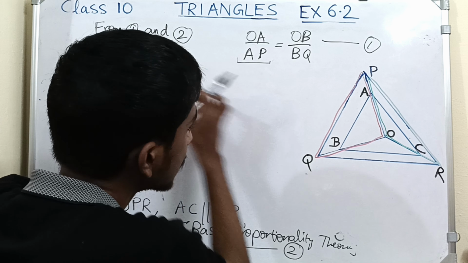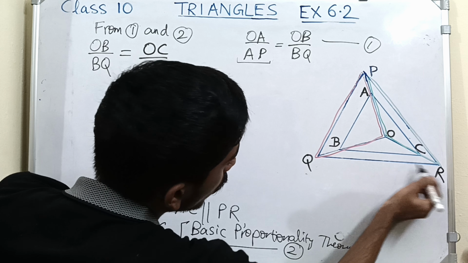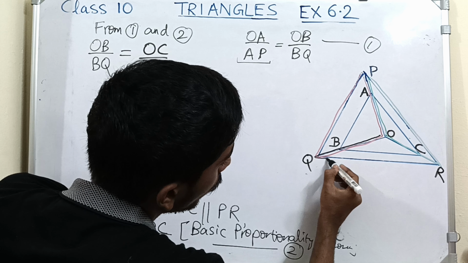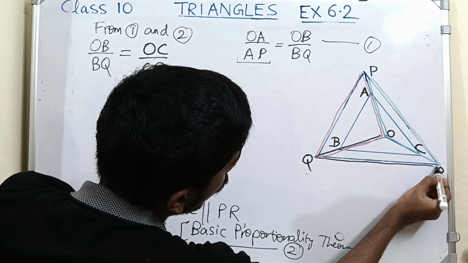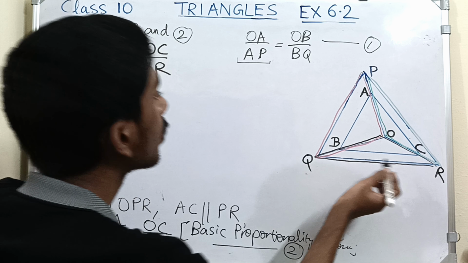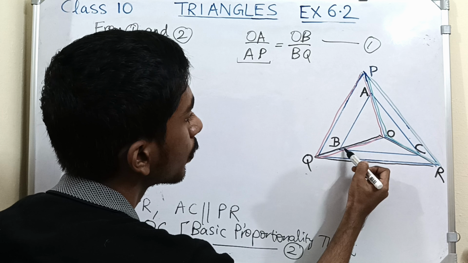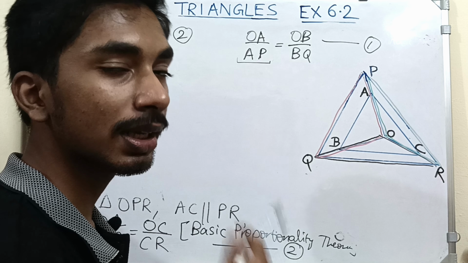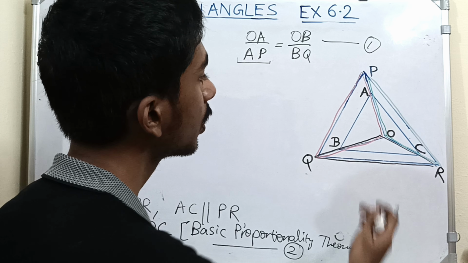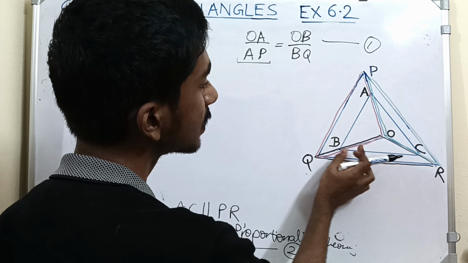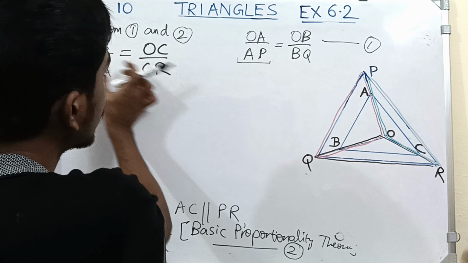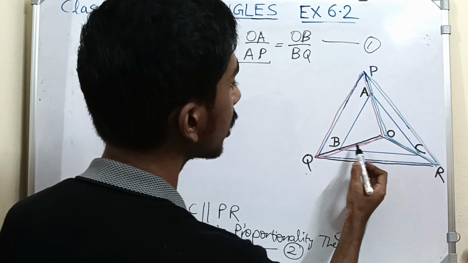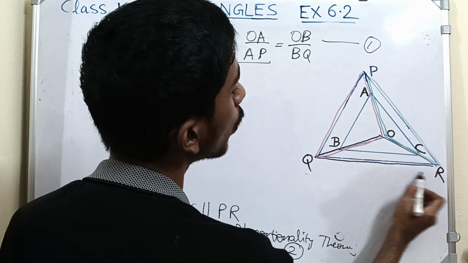Now we will put this ratio in this small triangle OQR. In this triangle, we just proved OB over BQ is equal to OC over CR. Then by theorem 6.2, that is the Converse of Basic Proportionality Theorem, if a line cuts two sides of a triangle such that it is divided in the same ratio, then that line will be parallel to the third side.